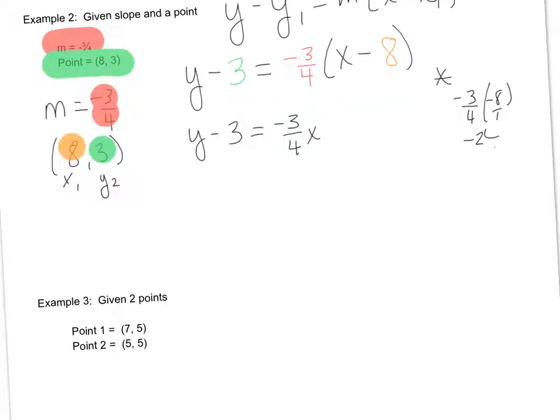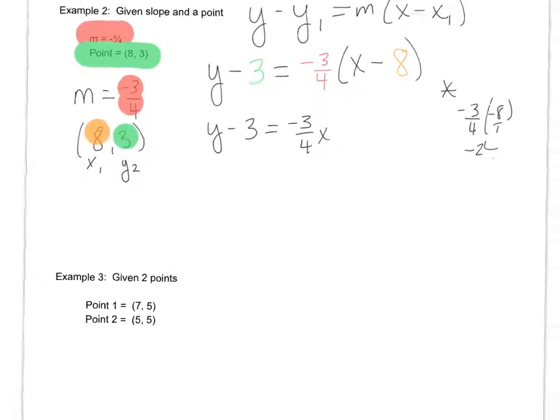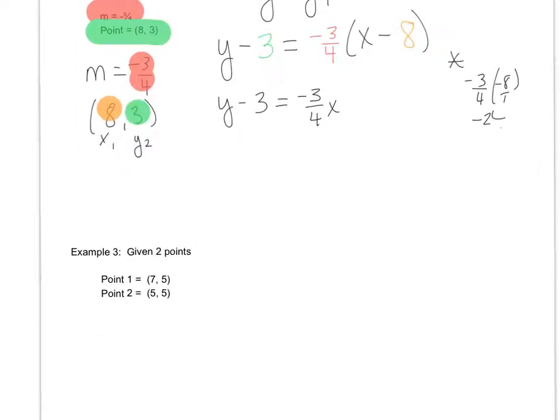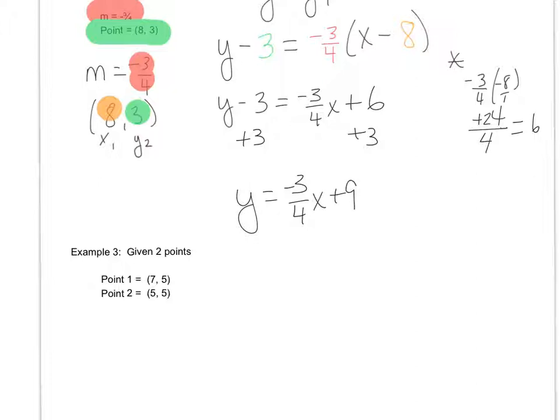That's my dead spot, sorry about that. -24 over 4. I'm sorry, that's +24 over 4, which makes that +6 after I distribute. Simplifying this some more, I'm going to add 3 to both sides, so I'm going to go y equals -3/4 x plus 9.